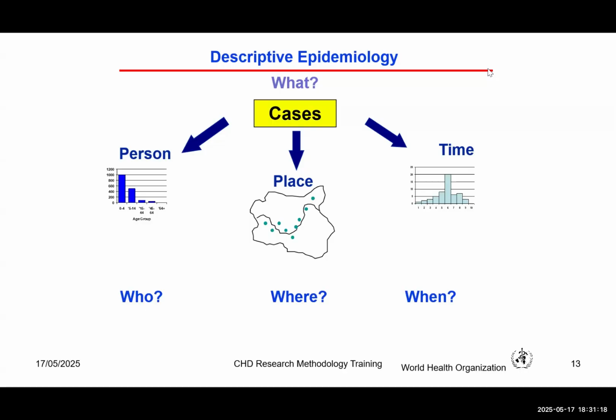And in terms of time, is it time dependent? Most times those are things that have to do with communicable diseases. So the descriptive study answers what the health issue is, who is affected, where, and when the disease is higher.